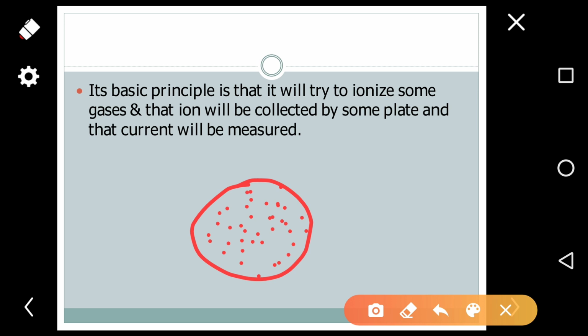Due to ionization, the ions get collected on the plate, which is connected with a wire to the galvanometer. Then there is an ionization current, and due to that current there is a deflection in the galvanometer. In this way the ionization gauge works.